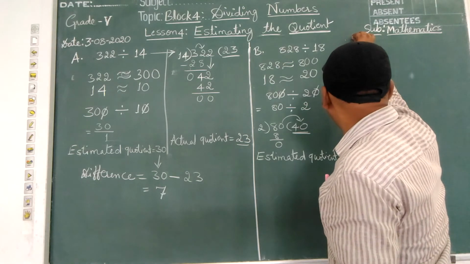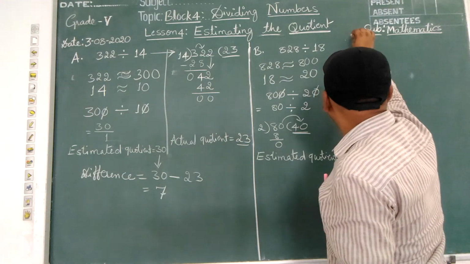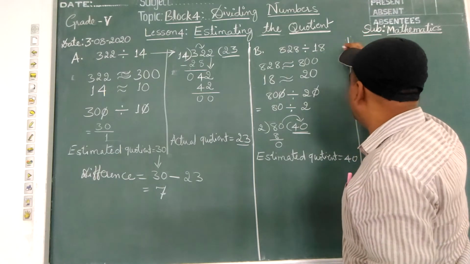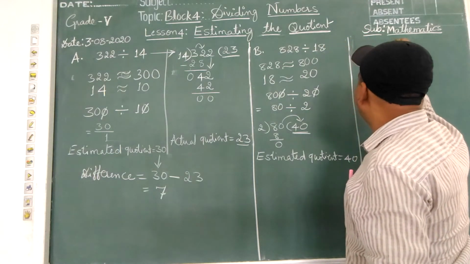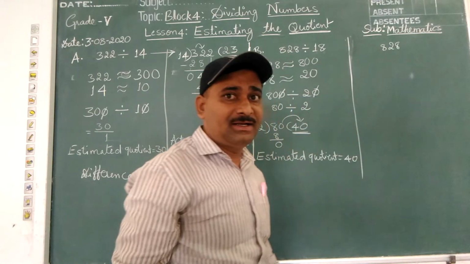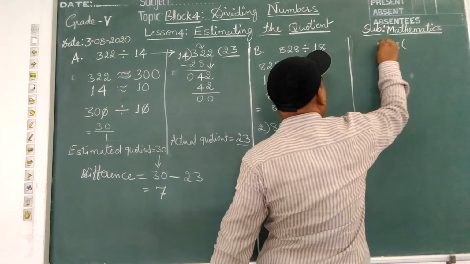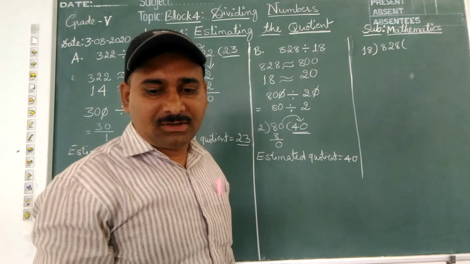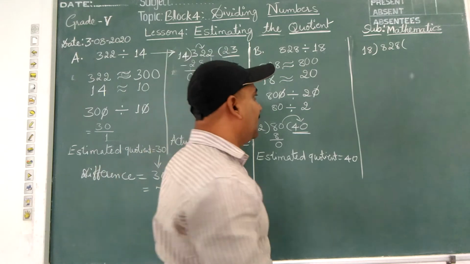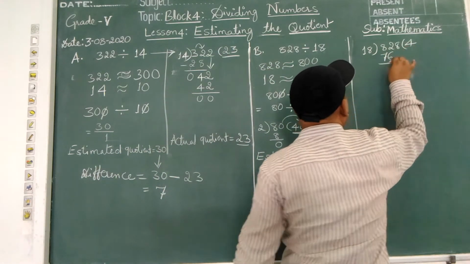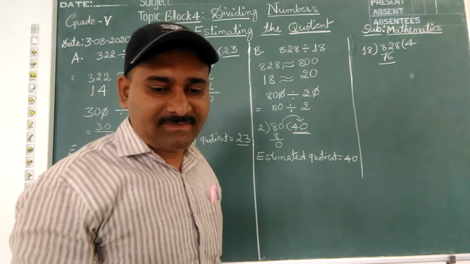Actual quotient means what, children? Actual quotient means the same numbers we should divide. The same. What is it? 828 divided by 18. The same we should divide. 18 4s are 72.